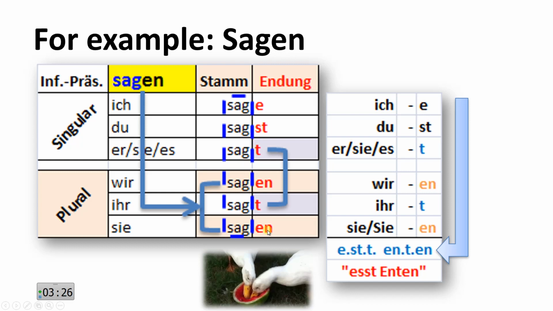And as before, third person singular is identical to second person plural. First person plural is identical to third person plural, and sagen is identical to the infinitive. And again here, est enten as a quick overview about the matrix.